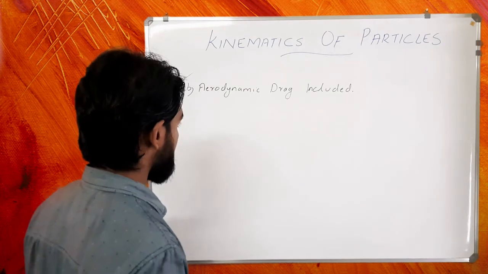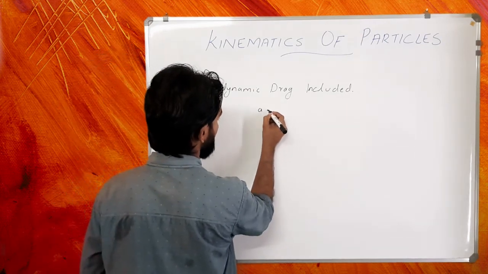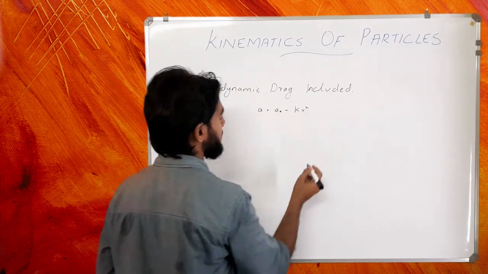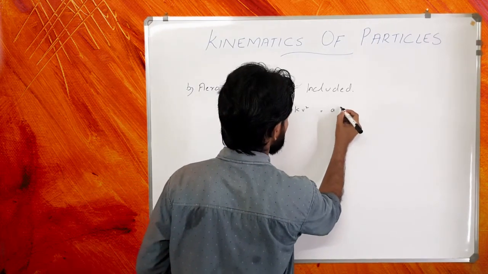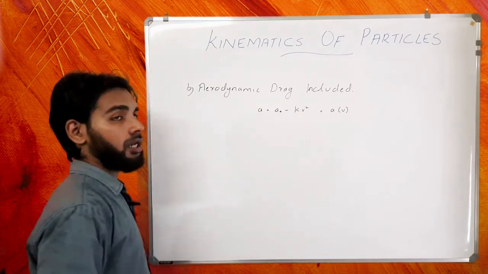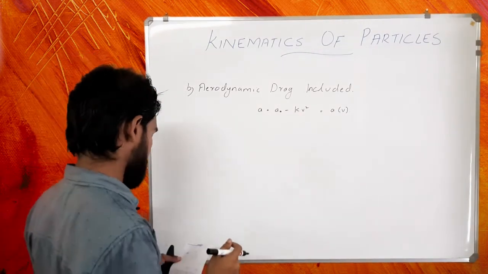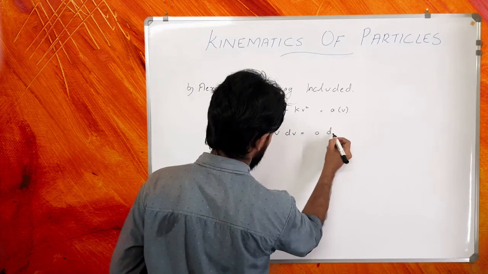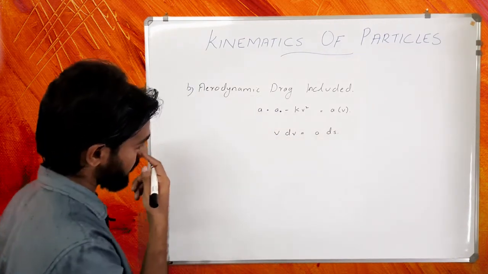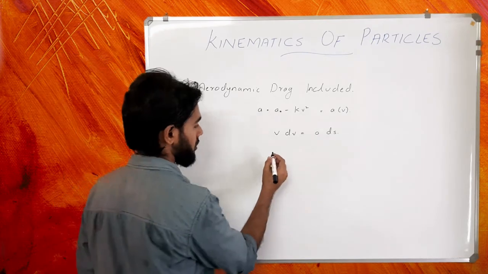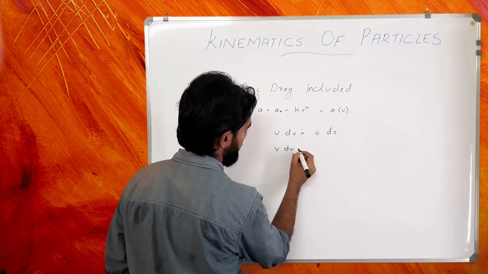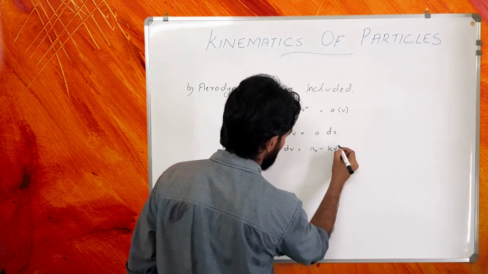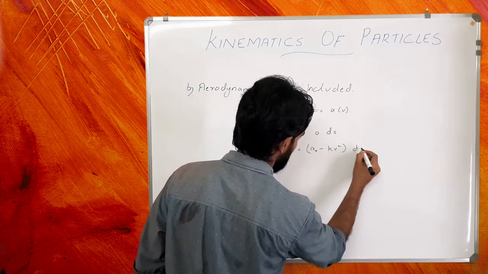Now here a equals a0 minus kv square. I can say here that a is a function of velocity. Now here we use the basic equation v dv equals a ds. Now a is a0 minus kv square into ds.